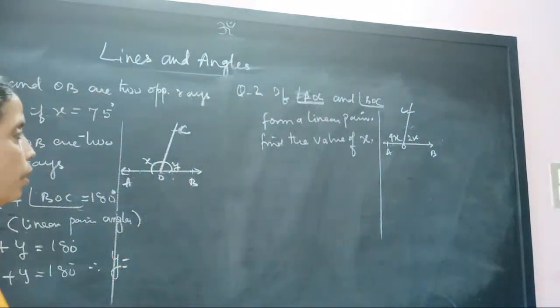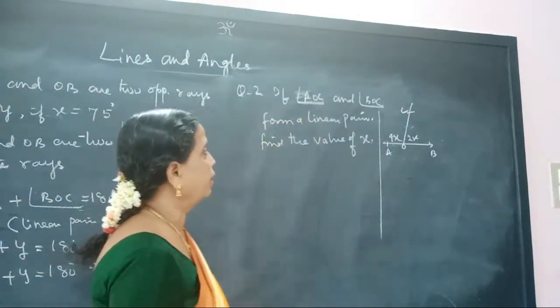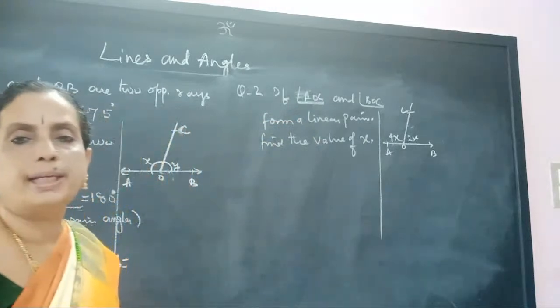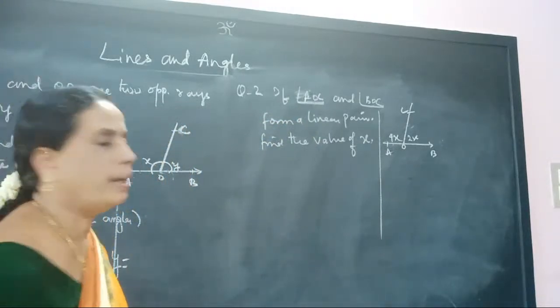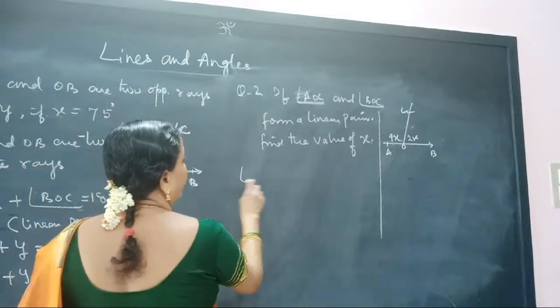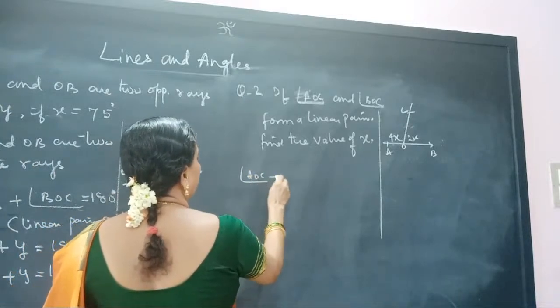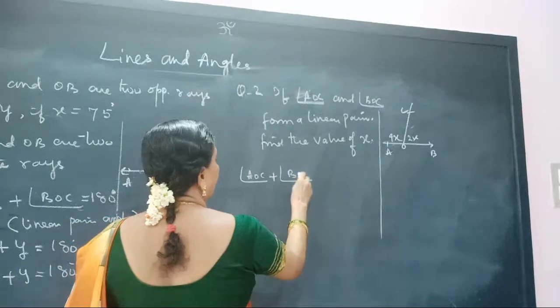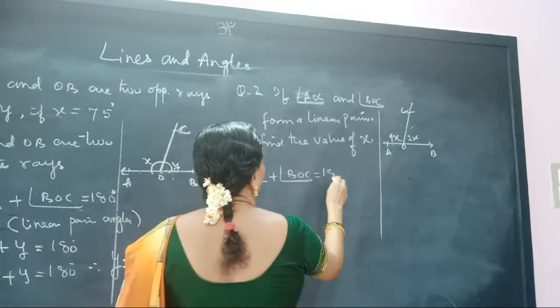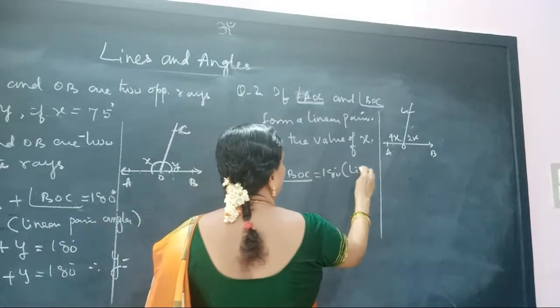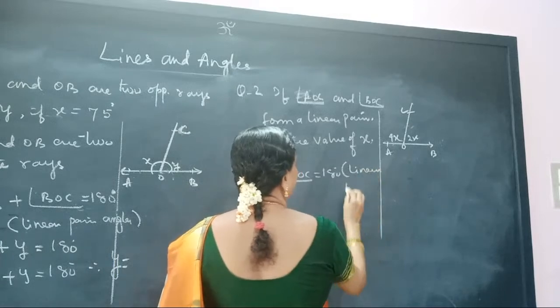So now, already given in the question, AOC and BOC form a linear pair. Angle AOC plus angle BOC equals 180 degree, bracket linear pair angles.